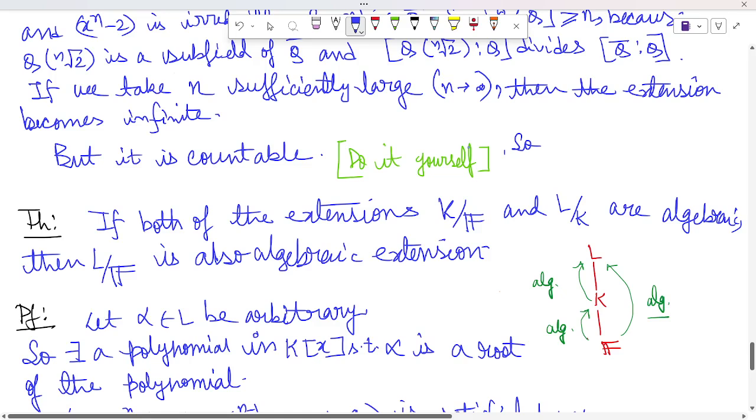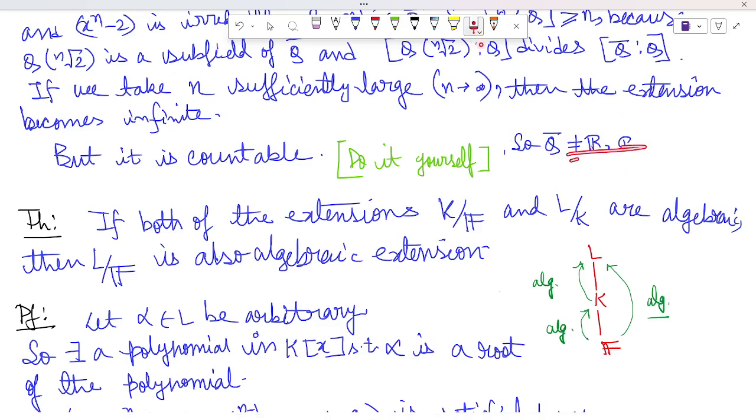I need to mention that the algebraic closure of Q is not R or C, because it is countable, while R and C are uncountable.